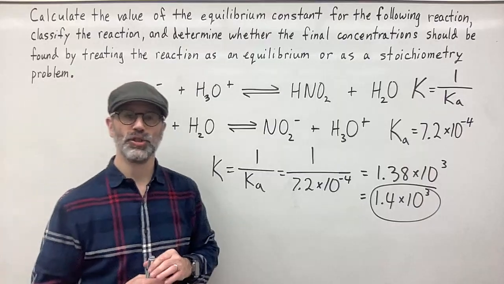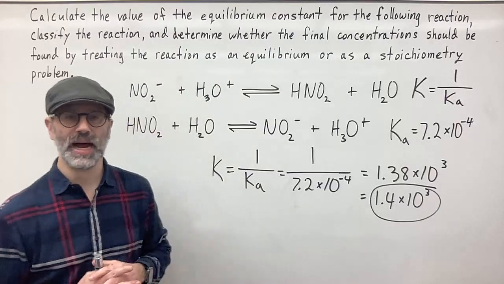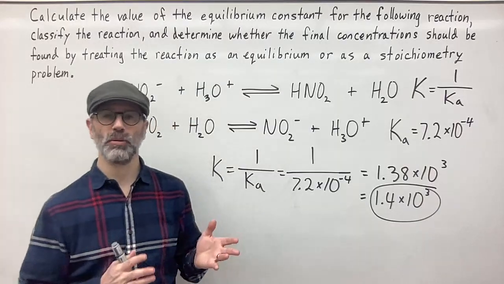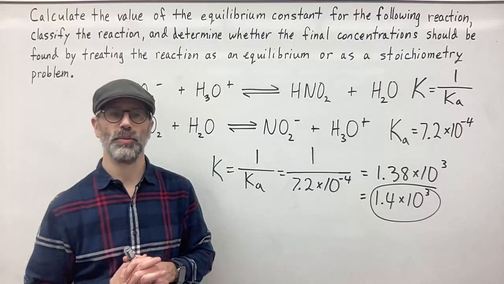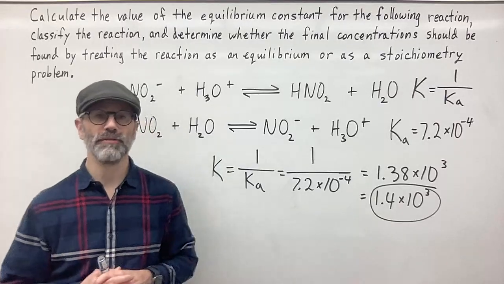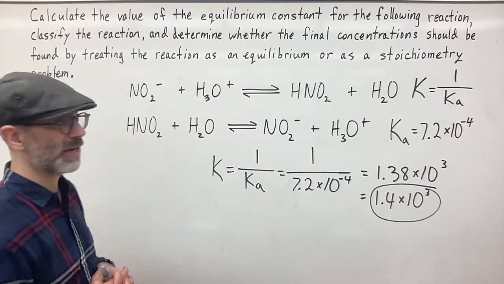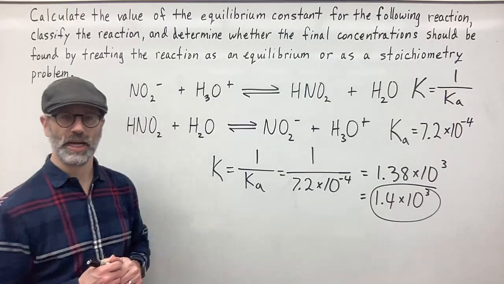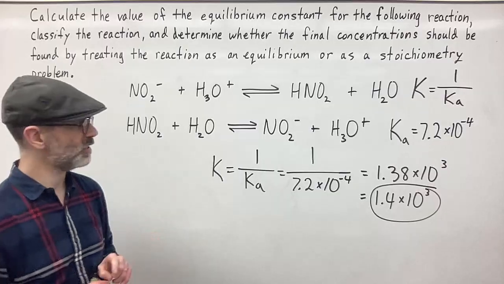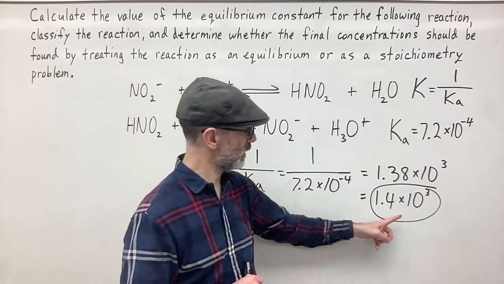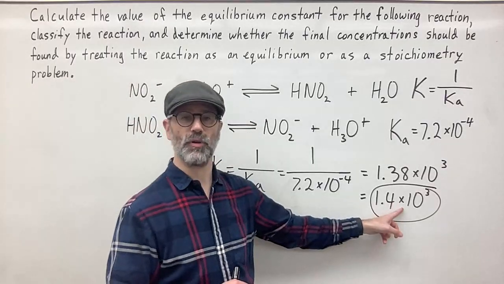Now, what about treating this either as an equilibrium problem or as a stoichiometry problem in order to figure out what the final products are? The answer would be that you would treat this as a stoichiometry problem. And the reason that I know that is because look at the K value that we calculated for that reaction.